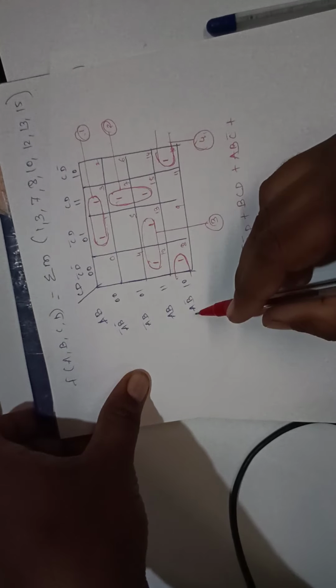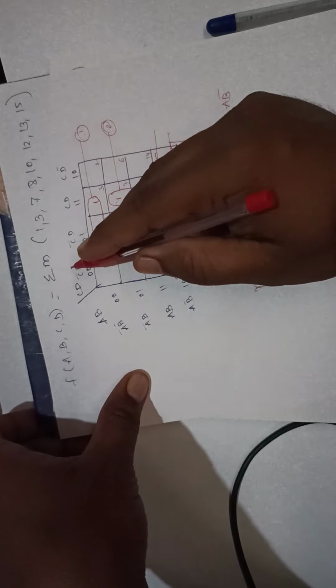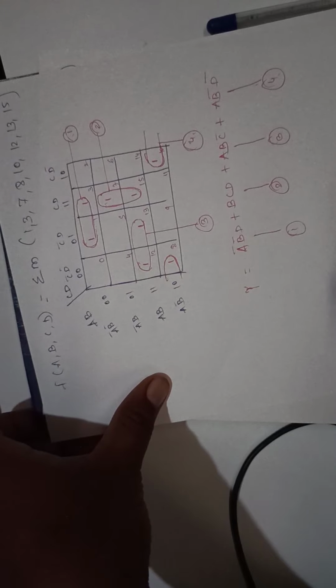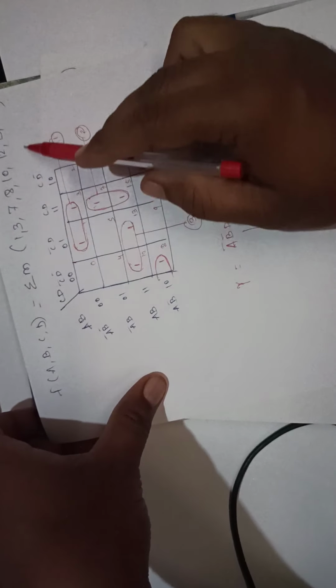Here horizontally you take A B bar, and vertically C bar D bar, C D bar, where C bar C gets cancelled, D bar. That is all about the fourth. Okay, this is the equation.